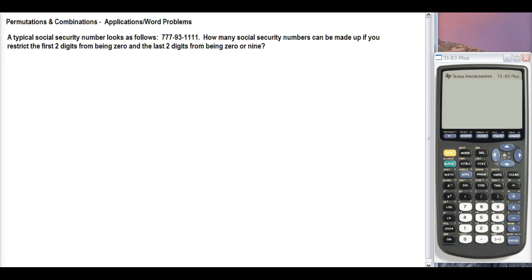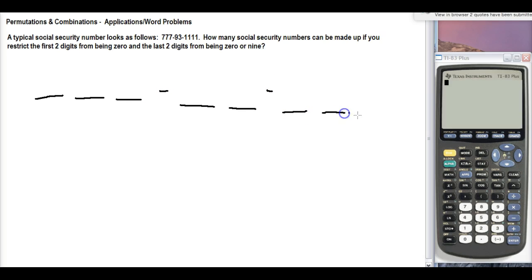So to figure this out, we'll start off by just making up our spaces for our Social Security number. So of course we start off with 3 spaces, and then we have next 2, and then we have the last 4.